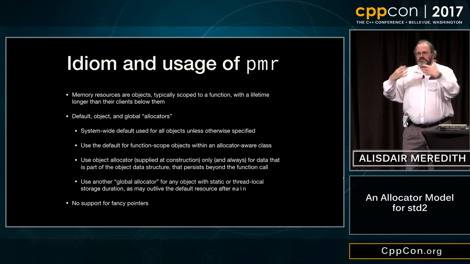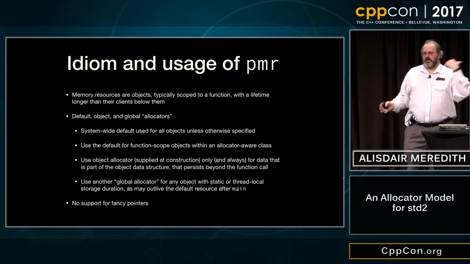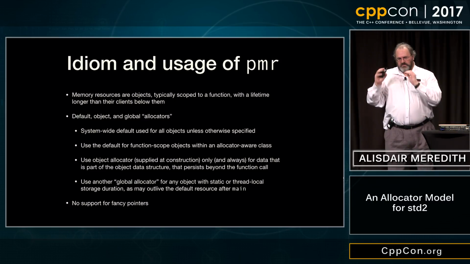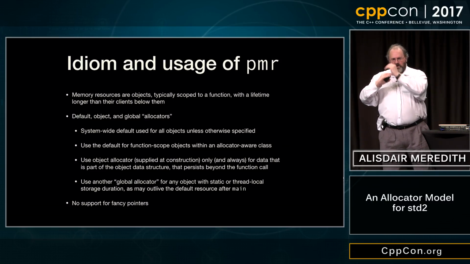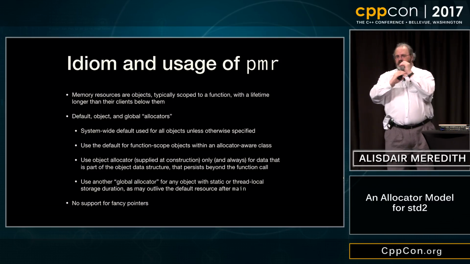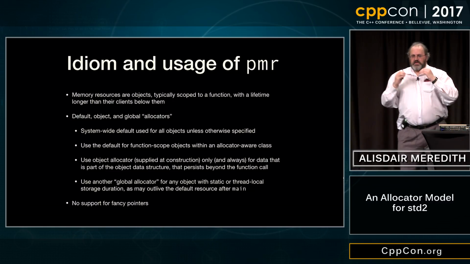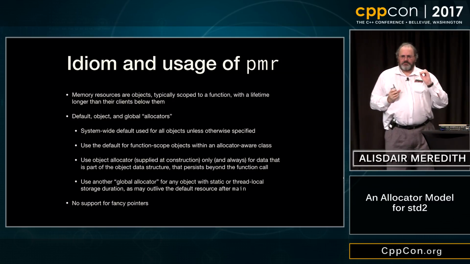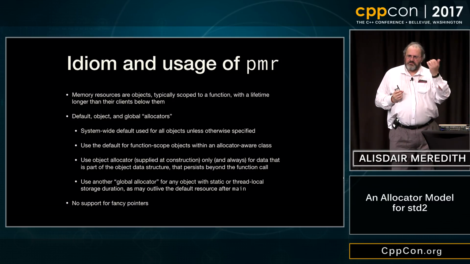And I'm just creating a string object that's going to be used within this function and go away. Always use the default allocator for those temporary objects allocations that do not exceed the function call, because those are not part of the persistent storage of your container, and they're not expected to be part of that memory resource.